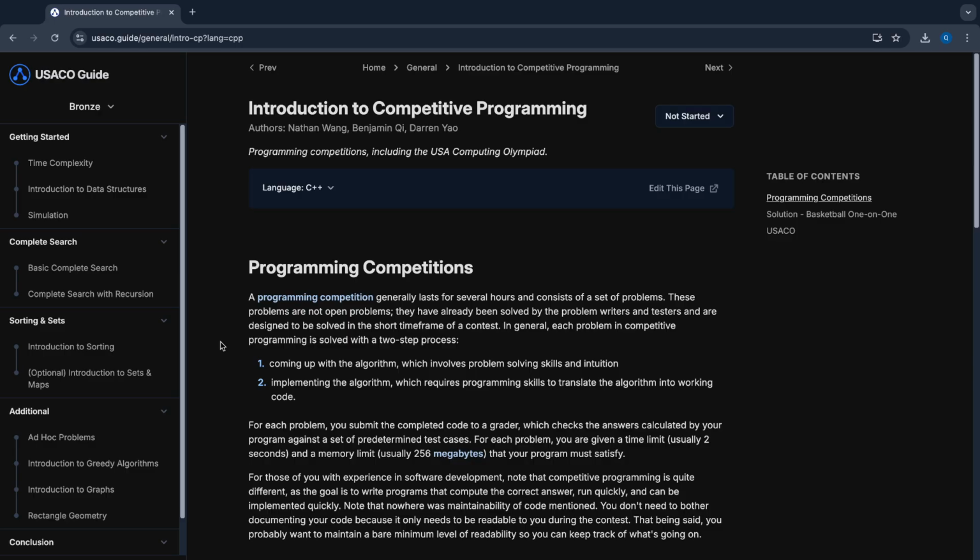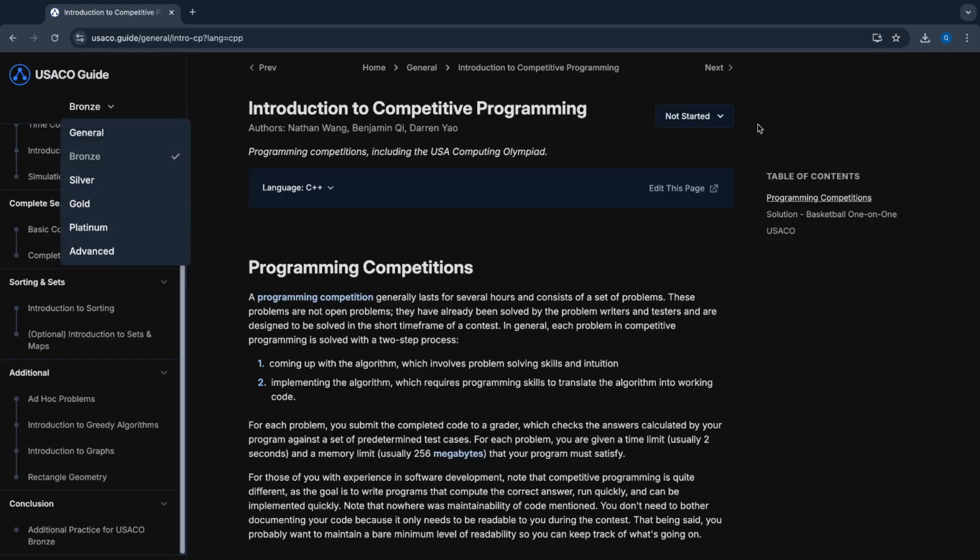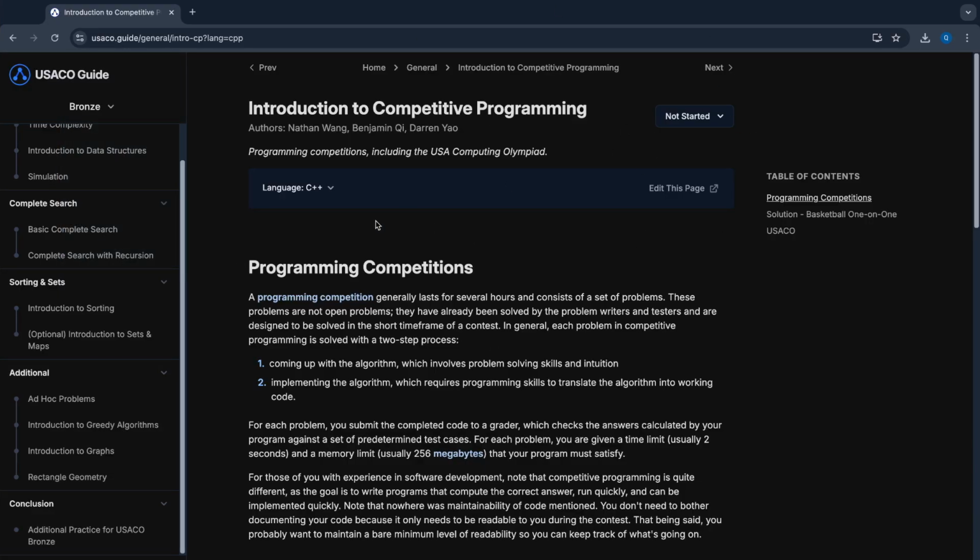In the USACO guide, you can find many programming techniques and also some algorithms as well as mathematical theories. You can just sign up for an account and then start using this website to learn coding.